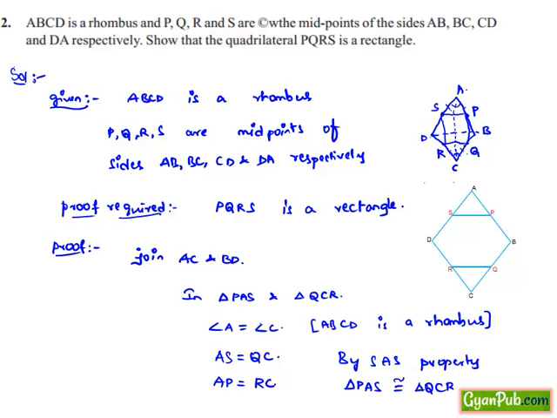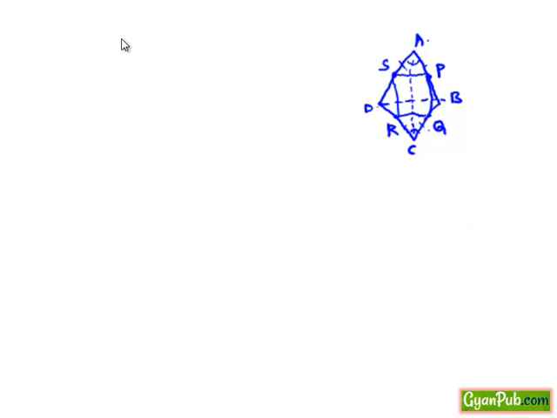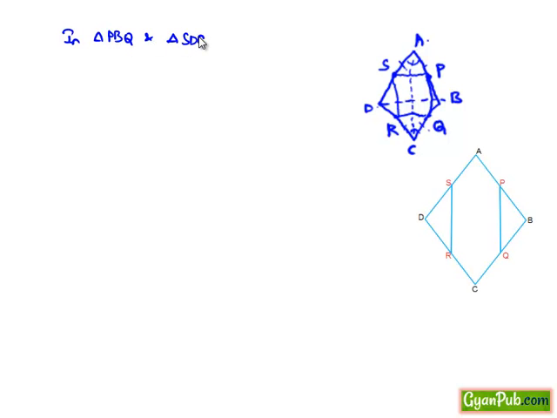When two triangles are congruent, the corresponding sides and corresponding angles can be equated. So here PS is equal to QR. Similarly, let us consider triangle PBQ and triangle SDR. In these two triangles, angle B is equal to angle D, since ABCD is a rhombus and opposite angles in a rhombus are equal.